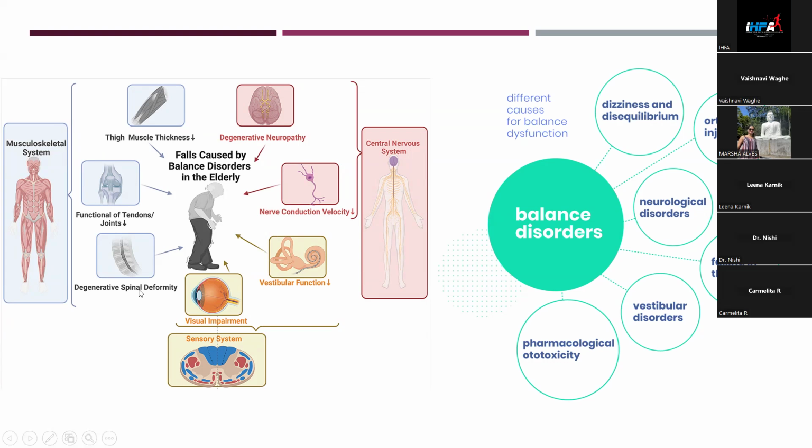Then there are degenerative spinal deformities like kyphosis, extreme lordosis, or any spondylosis or arthritis, where the bone joint or the major joint surface is affected, the person cannot walk, which can lead to falls. Then is the functionality of the joints and muscles.